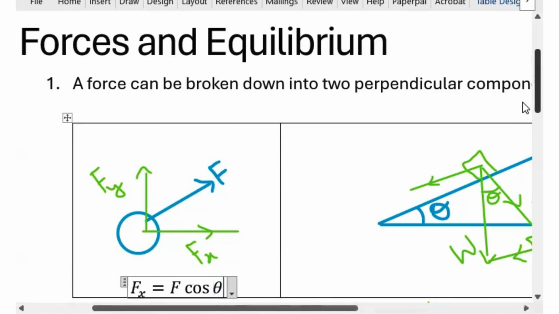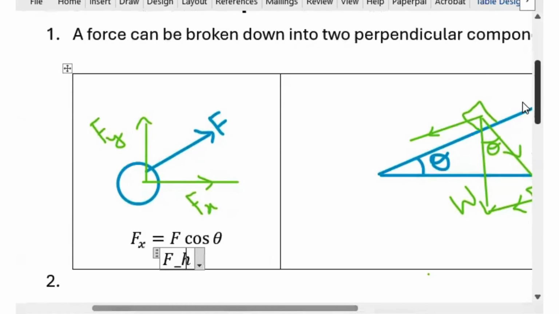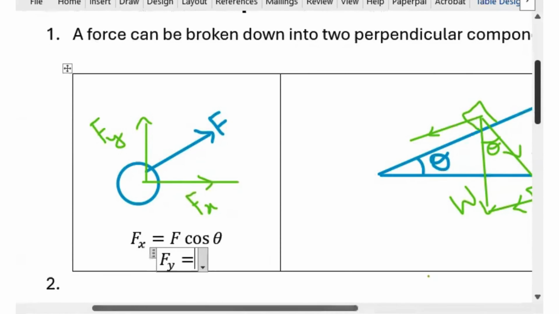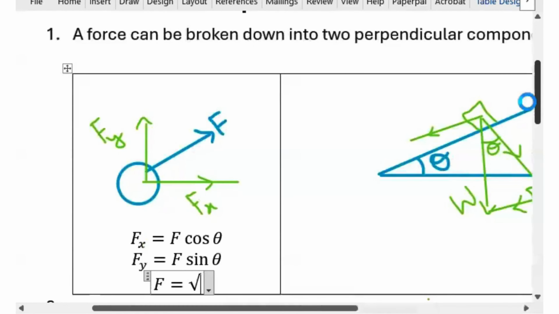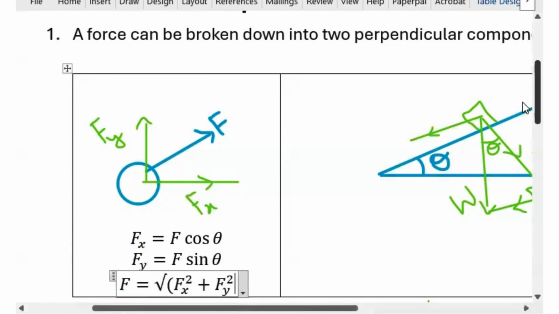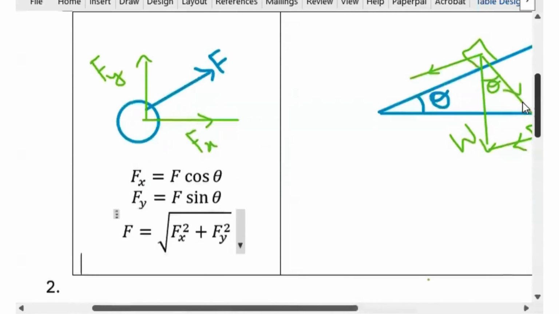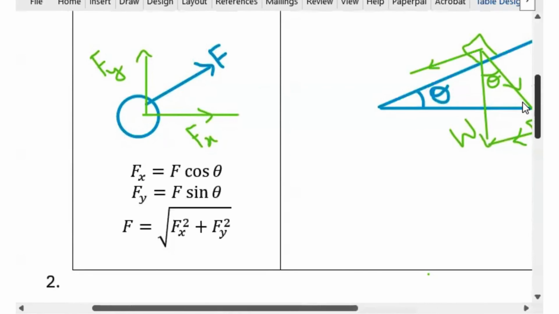It strictly matters what your theta is. And Fy, if I say, is F sine theta. And if I want to find F, I will find it through Pythagoras theorem, Fx square plus Fy square, which is my resultant force. A force which I have broken down into two components. Is this clear till this point?